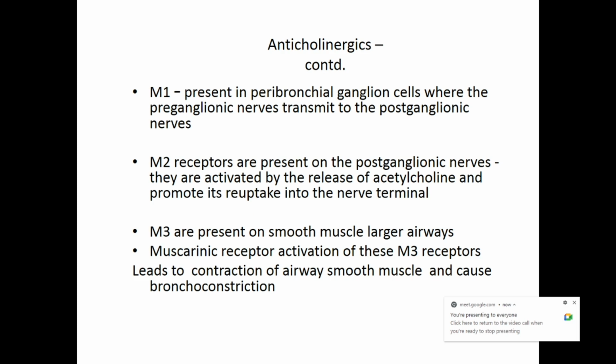But here in the bronchial smooth muscle, we want to remember M3. Because if there is stimulation of M3, it will lead to contraction of airway smooth muscle and cause bronchoconstriction. That's why you give anti-M3, and those anti-M3 are known as anticholinergics. And we are not taking atropine, mind you. We are taking specific M3 antagonists, okay, or blockers like ipratropium bromide and tiotropium bromide. I hope this is understood.